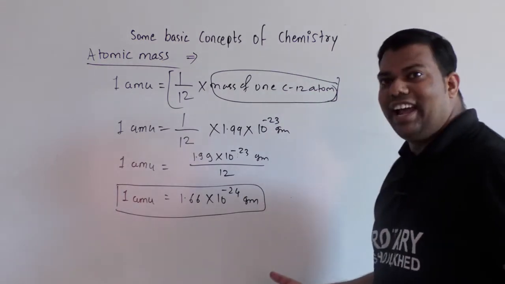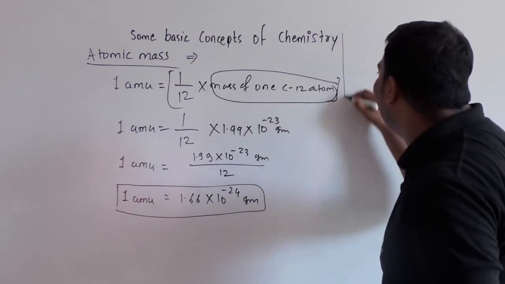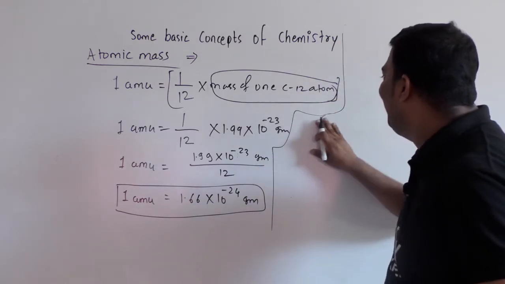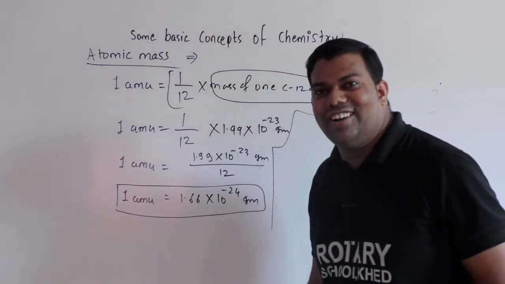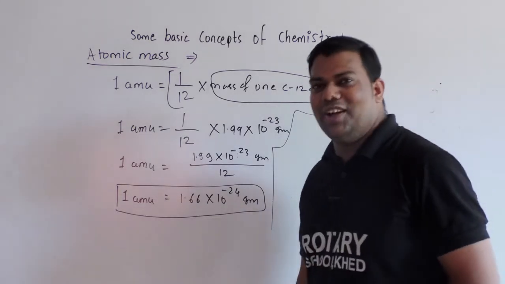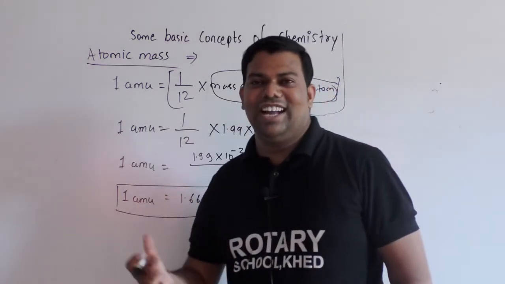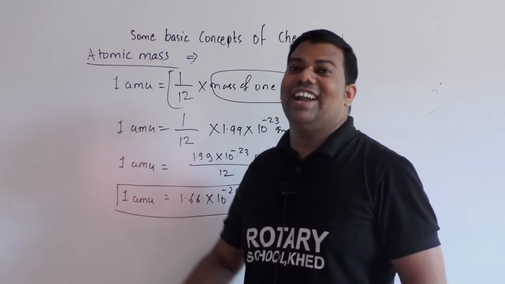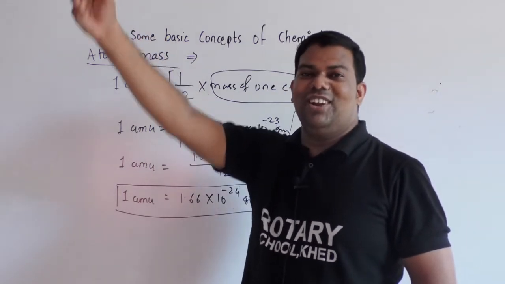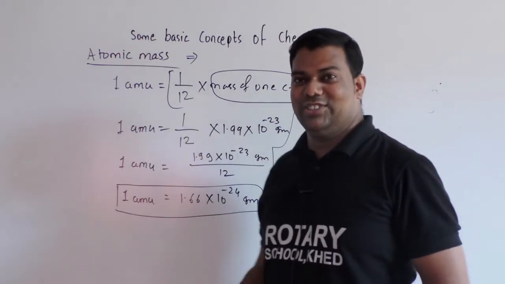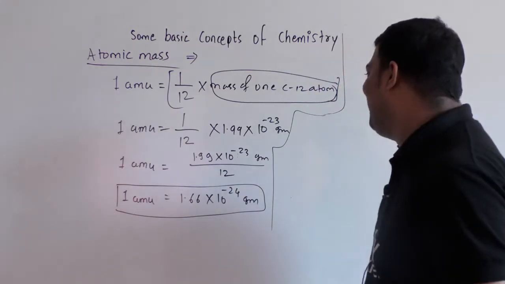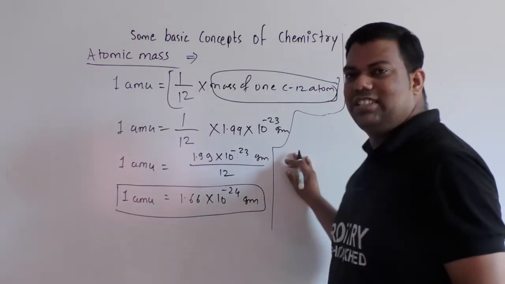So now it becomes easy to calculate the mass of one atom of nitrogen, the mass of one atom of oxygen, the mass of one atom of sodium and other elements also. So see how we can calculate this. Very easy.